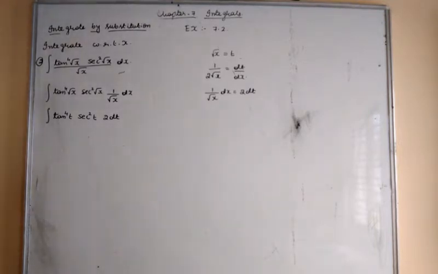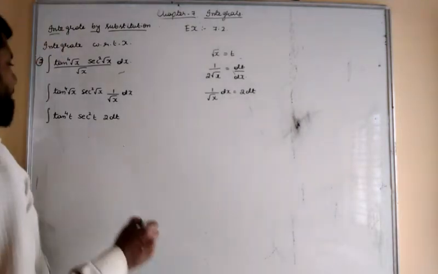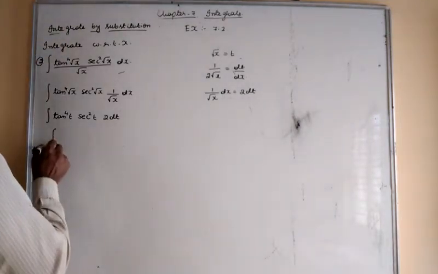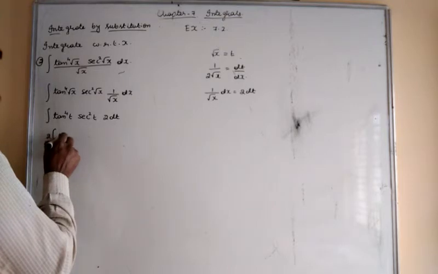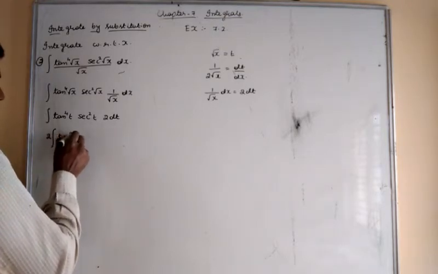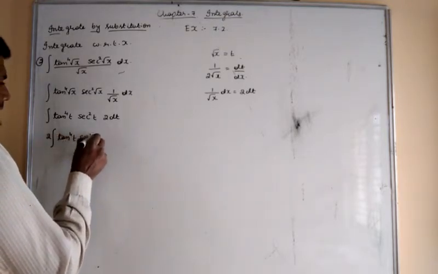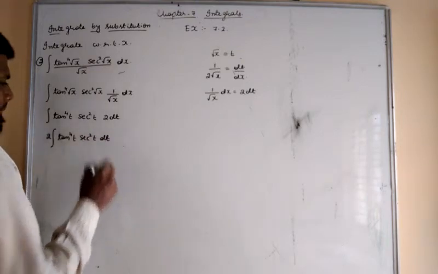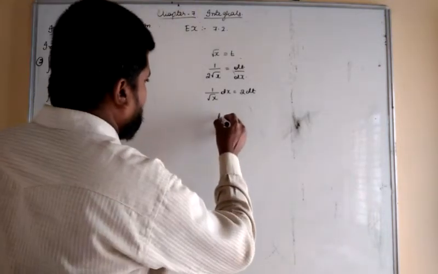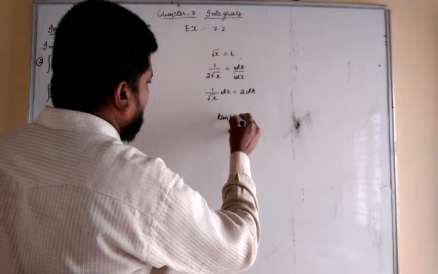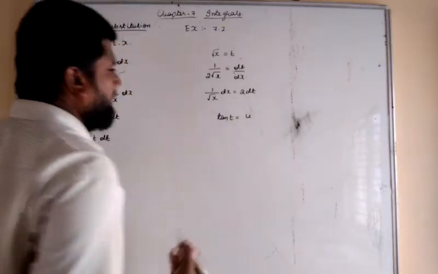We go for the substitution method here again. So let us write 2 constant, tan to the power of 4 t secant square t dt. Again we can take tan t is equal to u or v, anything.